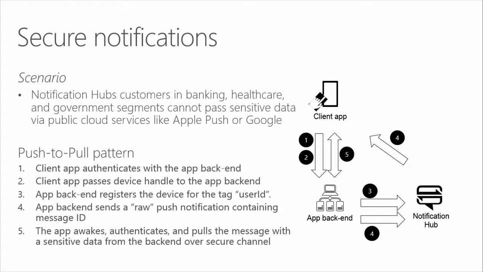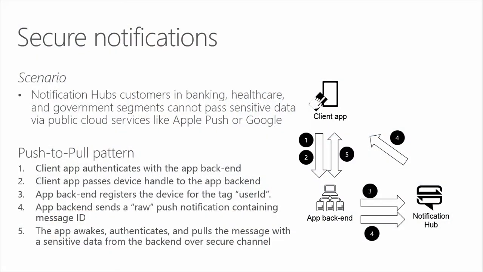What comes next is requirement for sending those notifications securely. You see, in many enterprises, it is not an option to send corporate sensitive data through public cloud services like Apple or Google or even Microsoft Windows Notification Service that offer no SLA or no guarantees about that sensitive data. In this case, with Azure Notification Hubs, you can send a message ID instead.